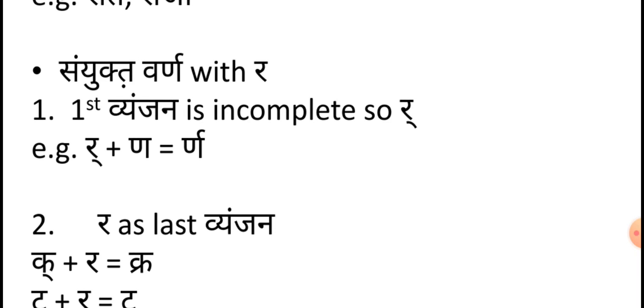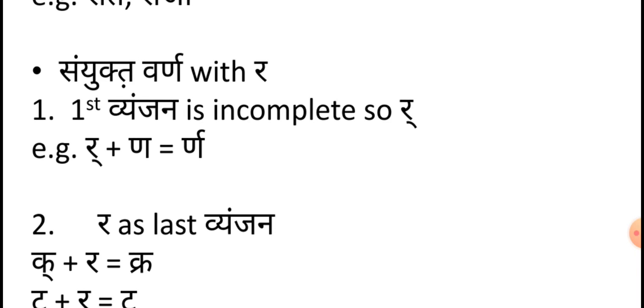So when your first Vyanjan is r, that is incomplete r, we don't write half r. Usually what we do in Sanyukta Varna, the first Vyanjan is half, incomplete, so we write it half. That rule we know. But R is different.